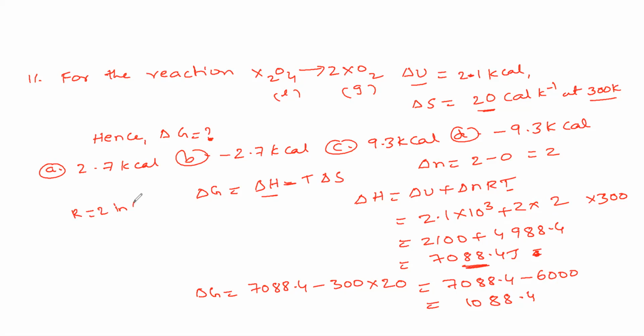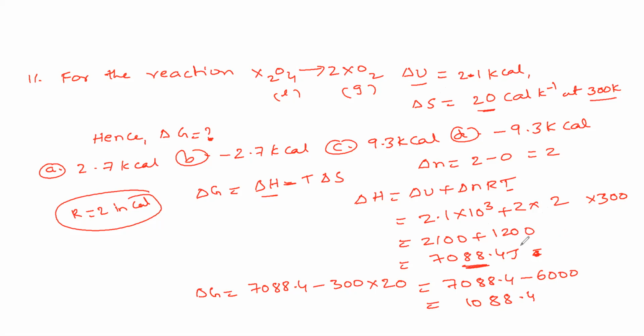I forgot it. So 2 into 2 into 300, that is 4 into 300, which is 1200. So this should not be 4988, this should be 1200.